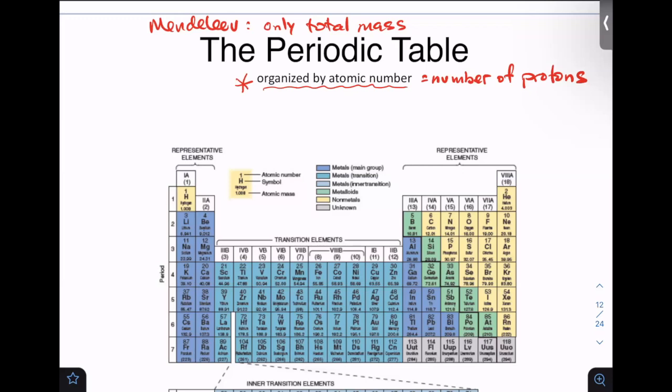And if you notice, here I don't need to flip back. Here's tellurium and iodine again. And I already pointed out to you how they're out of order with the total mass, but they are in order by the number on top, the 52 and the 53. That's the number of protons. That's the atomic number.